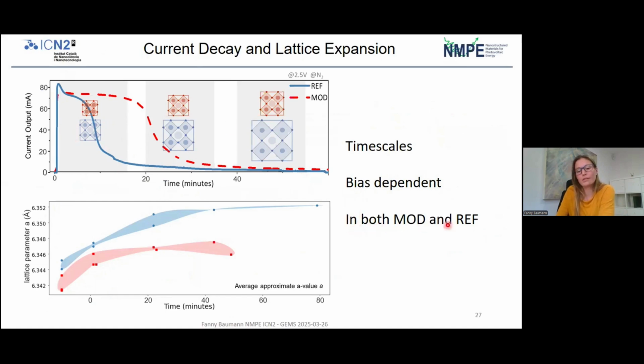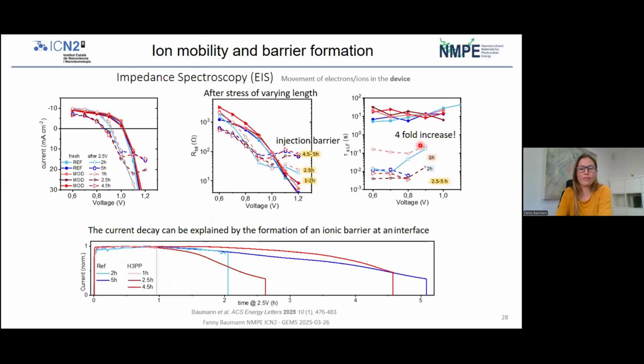And this happens in both modification and reference devices, as you've seen. So our molecule didn't prevent this change from happening, which is a little bit contrary to the common understanding that once a compression is induced, it should prevent the degradation due to strain.